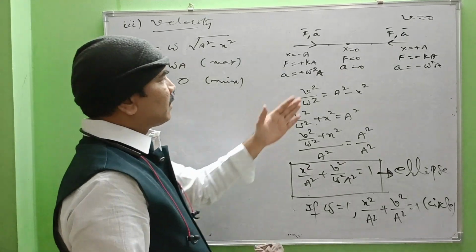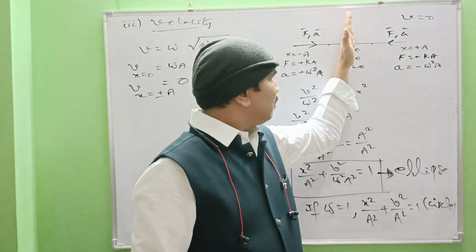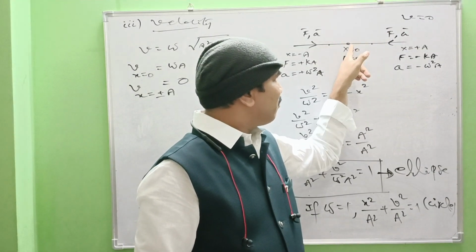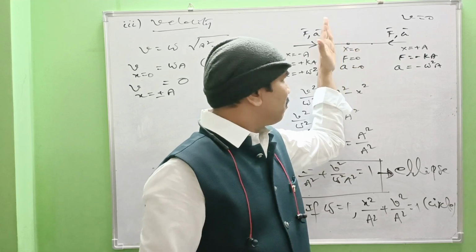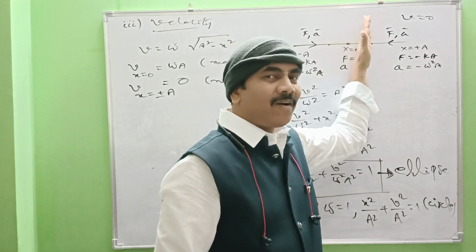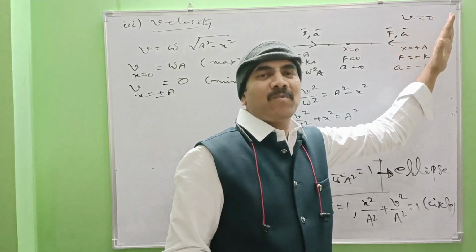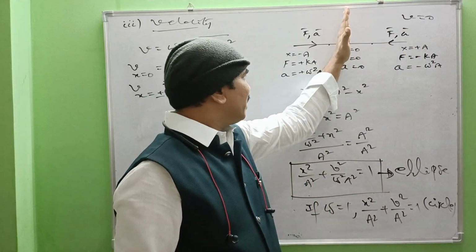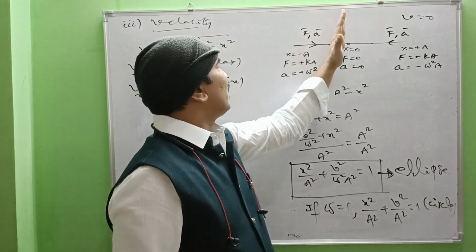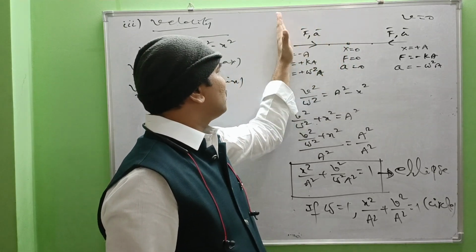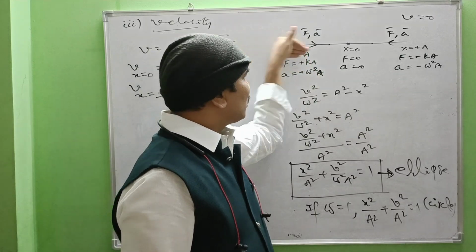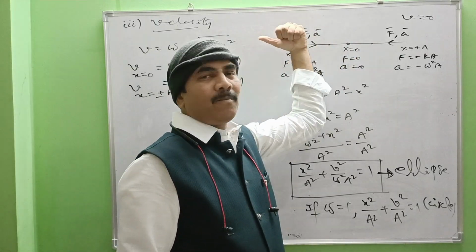Why? Because during the oscillation, suppose it moves from the mean position to the extreme position, it is under retardation, which means speed gradually decreases and becomes 0 at the extreme position. Here also, from the mean position to the negative extreme position, speed decreases and becomes 0. Why? Because the force is directed towards the mean position, but the direction of motion is opposite.